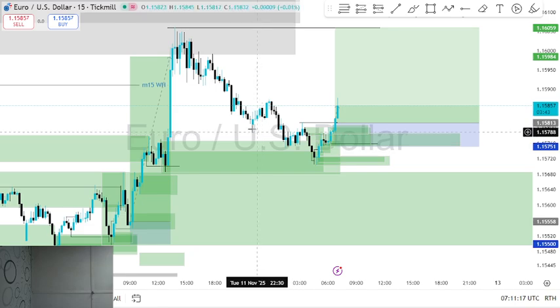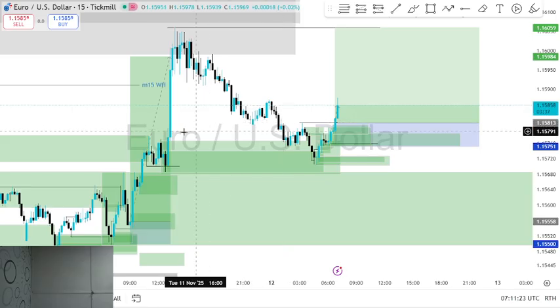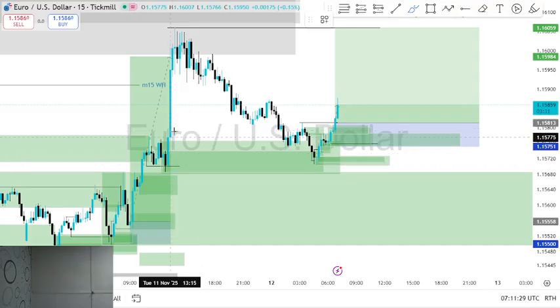So now the pullback inducement, which is the P bid, doesn't necessarily have to be built on the same time frame as this. This is what we call leg inducement. Leg inducement is supposed to be built on the same time frame.